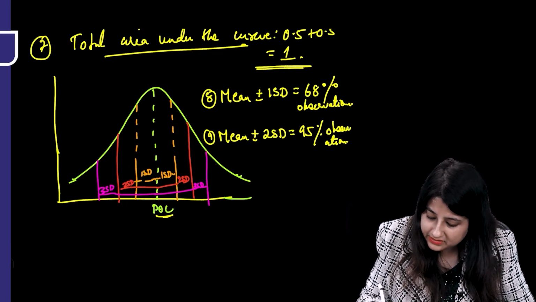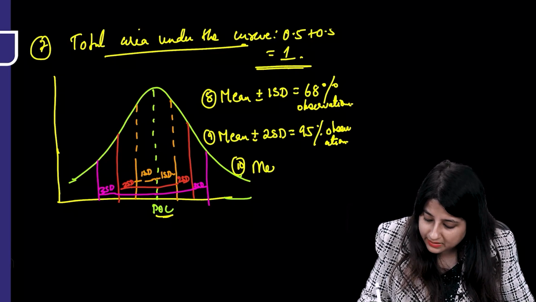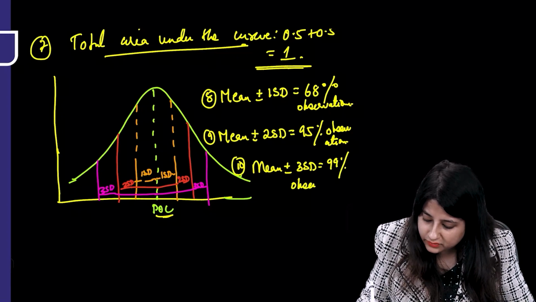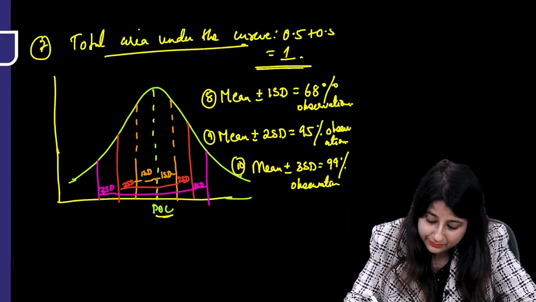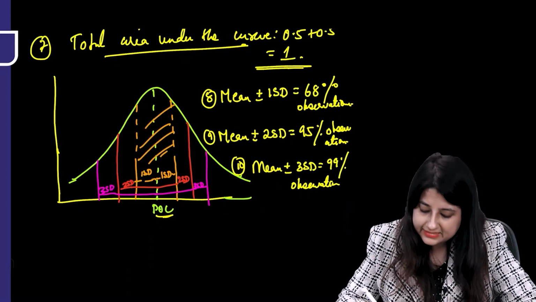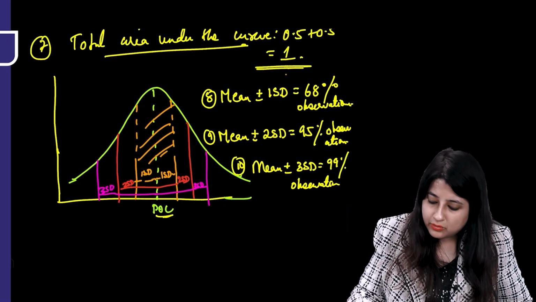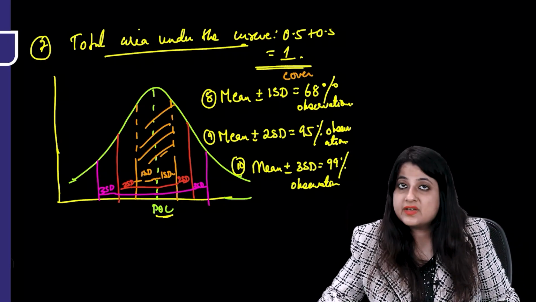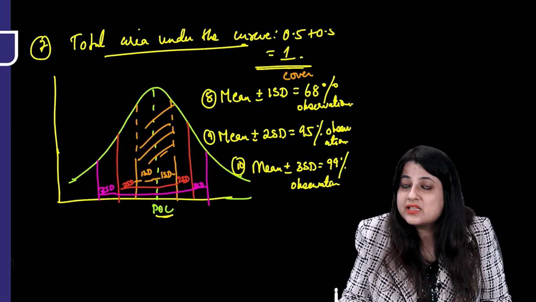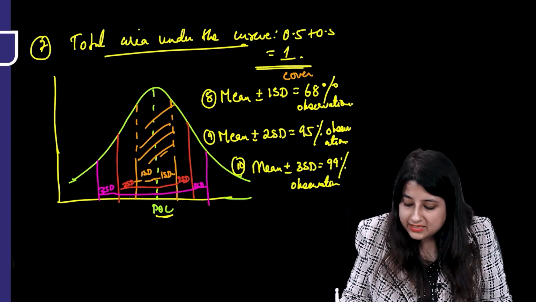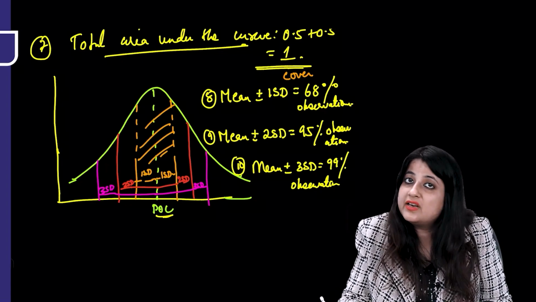And point number 10, mean plus minus 3 SD covers 99% of observations. Remember this. So mean plus minus 1 SD covers 68% observation, mean plus minus 2 SD covers 95% observation, and mean plus minus 3 SD covers 99% observation.